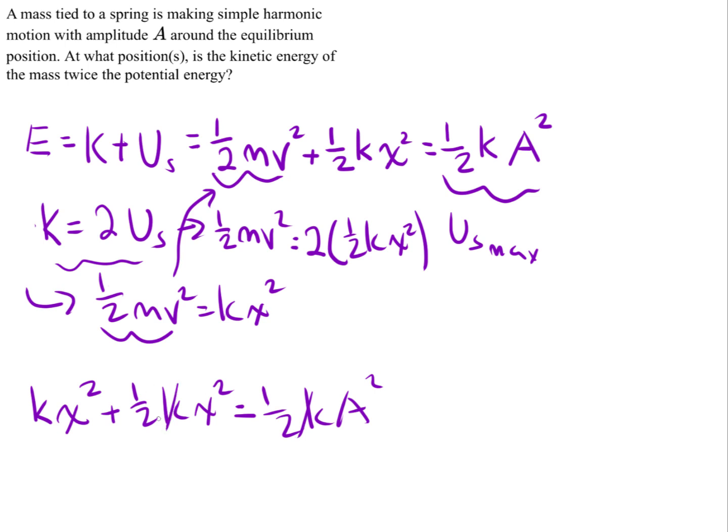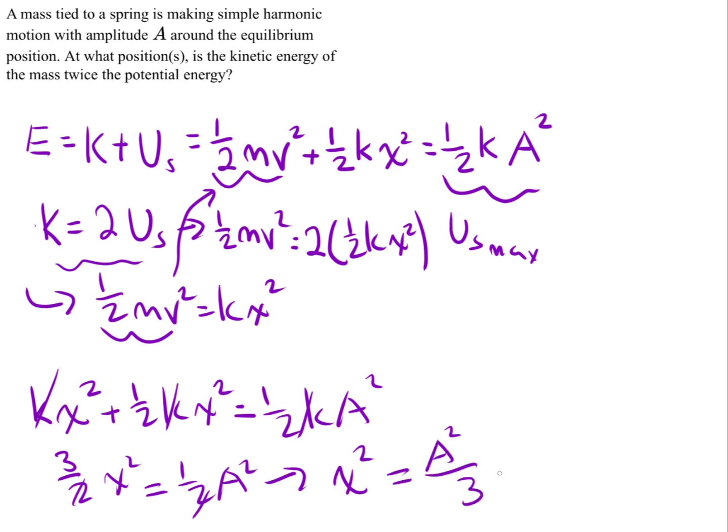Now all of the spring constants cancel out. This becomes 3/2 x squared equals 1/2 A squared, where A is the amplitude. And these cancel out. So you get that x squared is equal to A squared over 3.